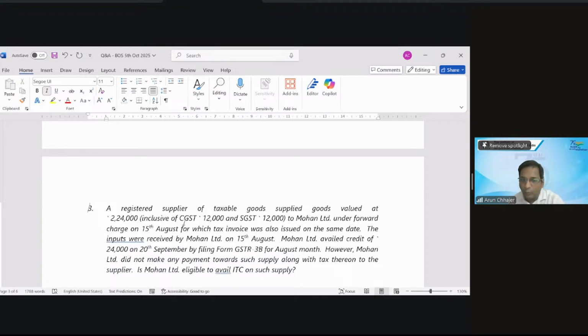Mohan Limited availed the ITC on 20th September at the time of filing the GSTR 3B for the month of August. However, Mohan Limited did not make any payment towards such supply along with tax thereon to the supplier. Is Mohan eligible to avail the ITC on that supply?